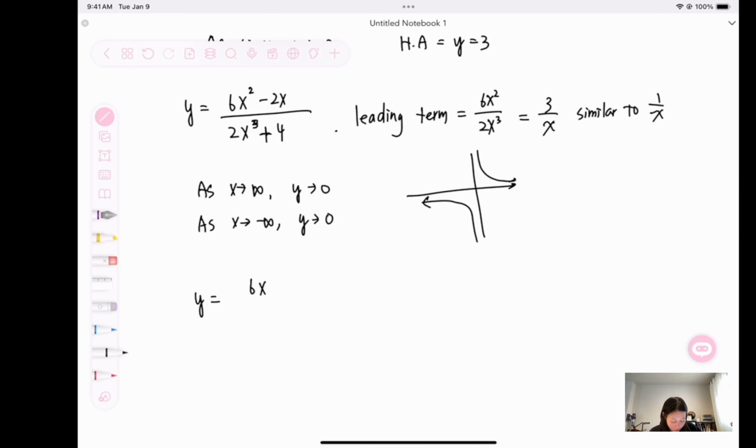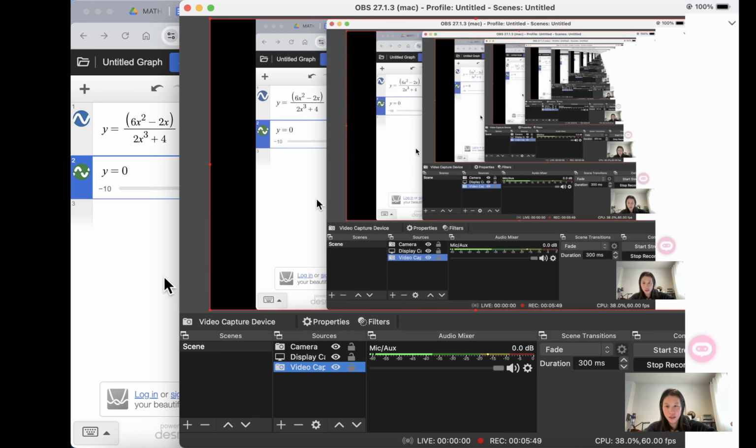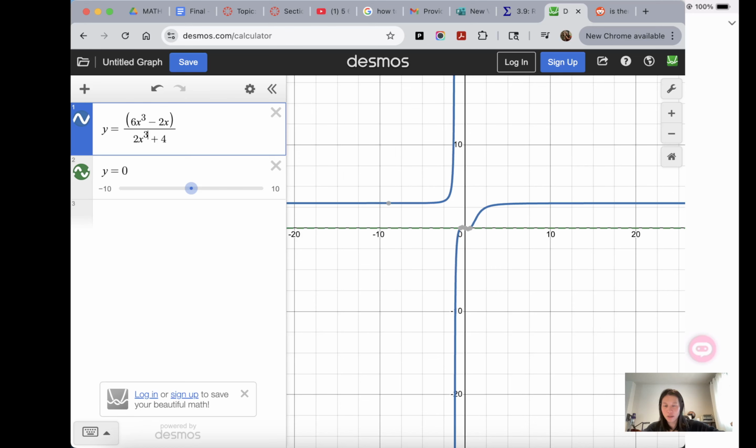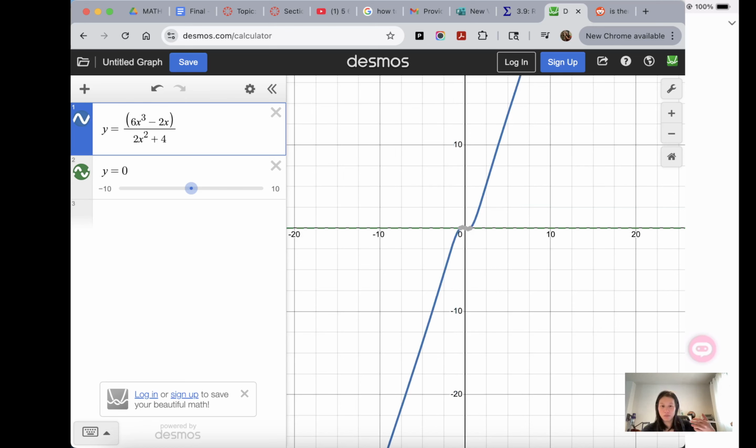Okay, next one. What if we have this case? So that means we have the leading term 6x cubed over 2x squared. Simplify it, we have 3x. Now, let's take a look. What does the graph look like in that case? So we have a degree 3 on the top and degree 2 on the bottom.